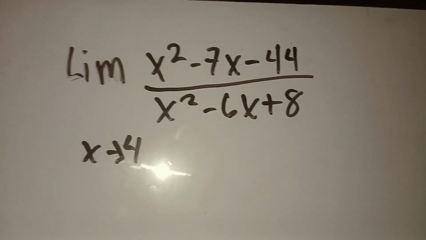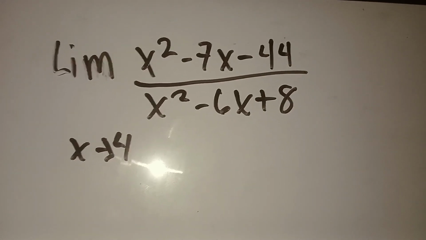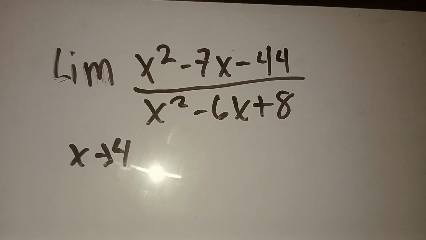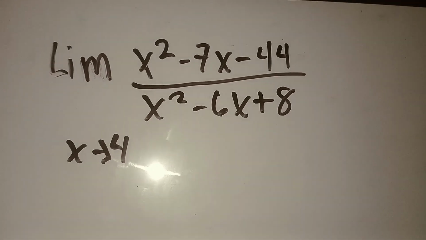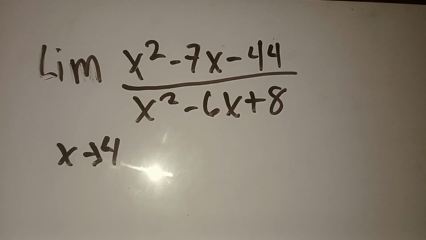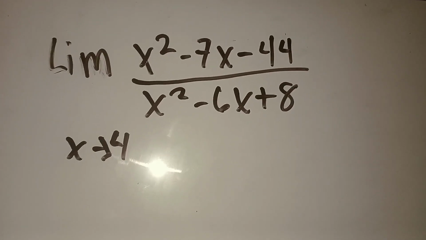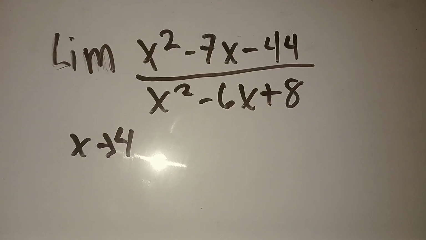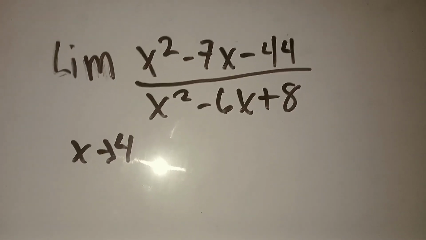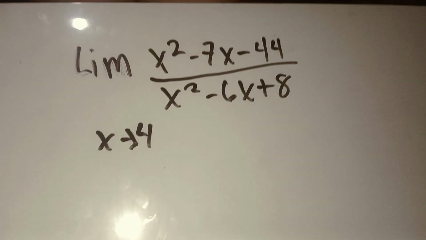We will try to solve the limit of x squared minus 7x minus 44 over x squared minus 6x plus 8, as x approaches 4.